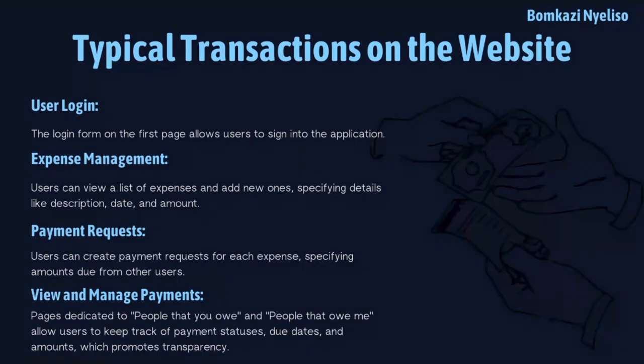This page is dedicated to people who owe you and people that you owe, and that allows users to keep track of the payment statuses, due dates, and amounts, and all of that promotes transparency. So these transactions streamline the financial interaction and accountability among users, each page catering to a specific type of interaction related to managing and splitting expenses.